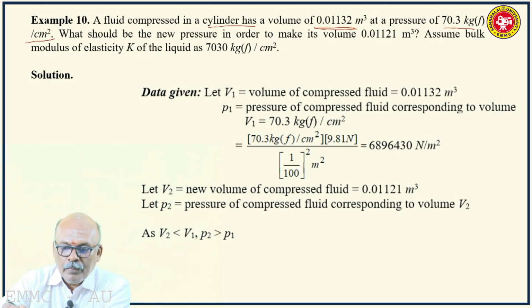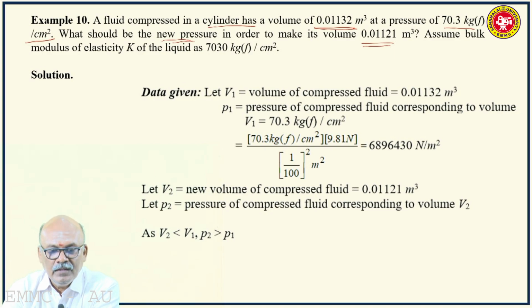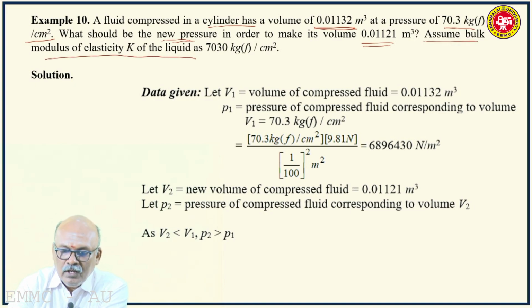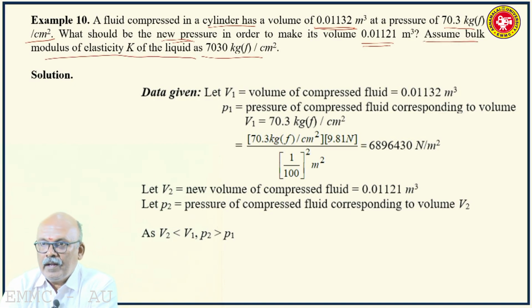What should be the new pressure in order to make its volume 0.01121, that is, the volume gets reduced? So, what should be the increased pressure in order to reduce its volume to 0.01121 meter cube from the original volume of 0.01132 meter cube. You are asked to assume the bulk modulus of elasticity K of the liquid as 7030 kilogram force per centimeter square.